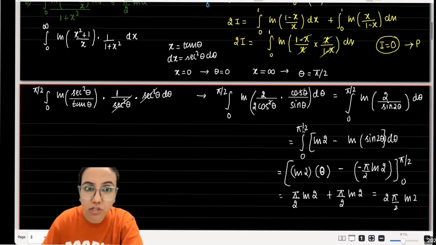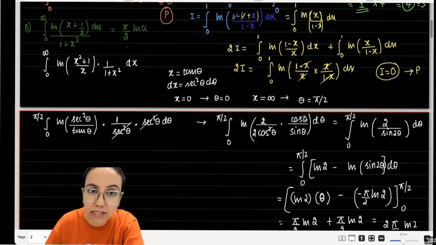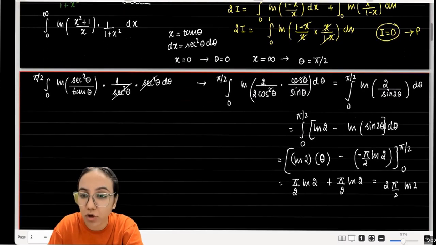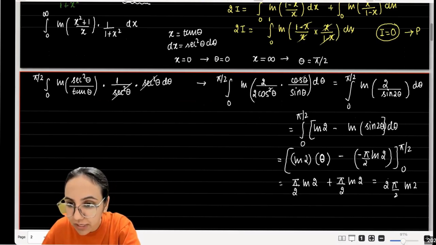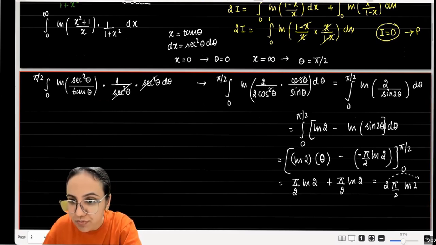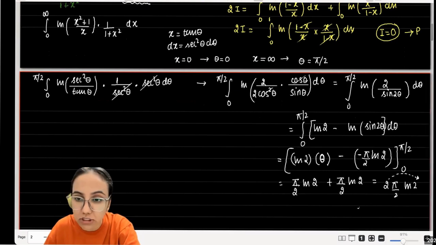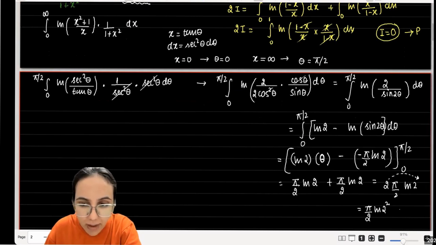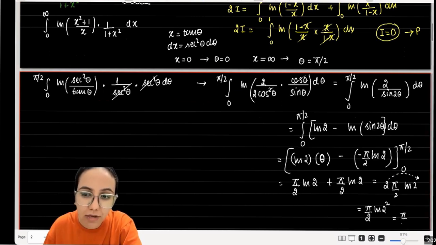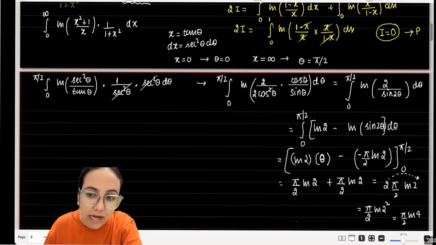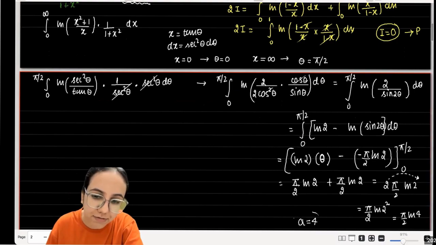Now, I'm not changing my pi over 2 because I want it in that format at the top. I want to get the value of A. So to get the value of A, I need to shift this 2 back again using the property of logs. I'm going to get pi over 2 ln of 2 square, which is pi over 2 ln 4, and the value of A is 4.